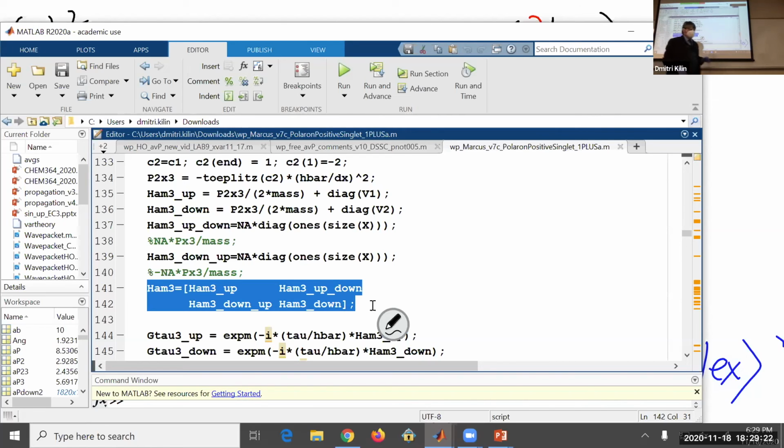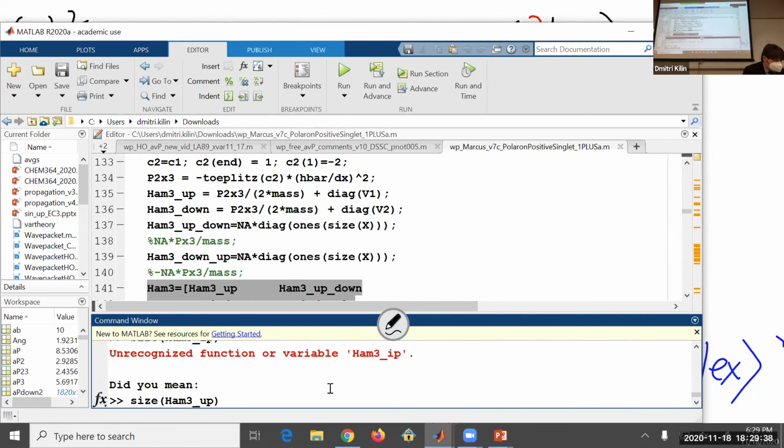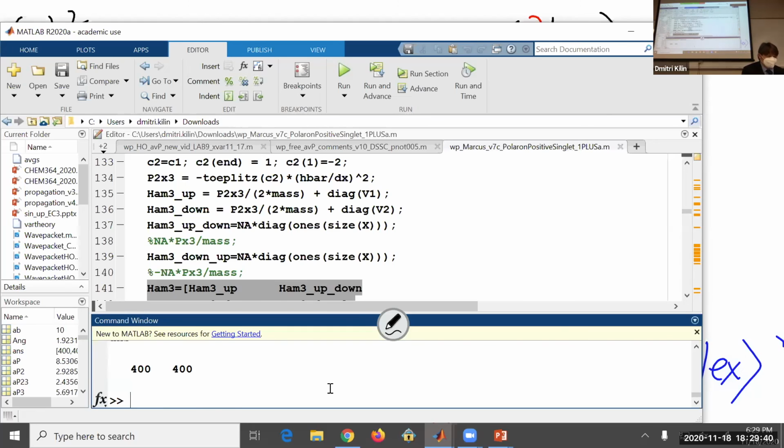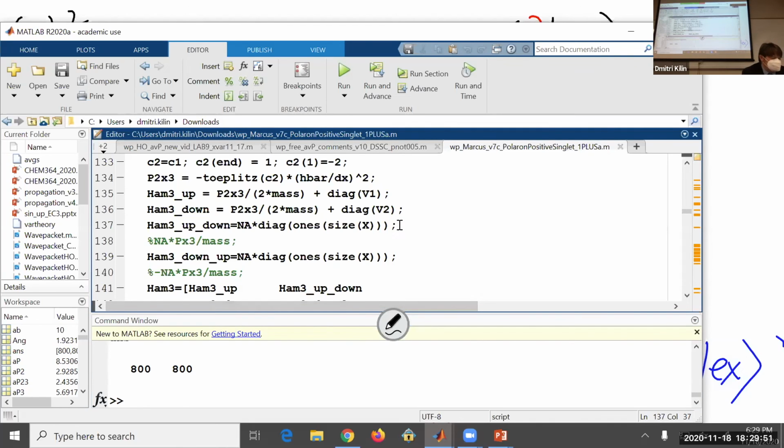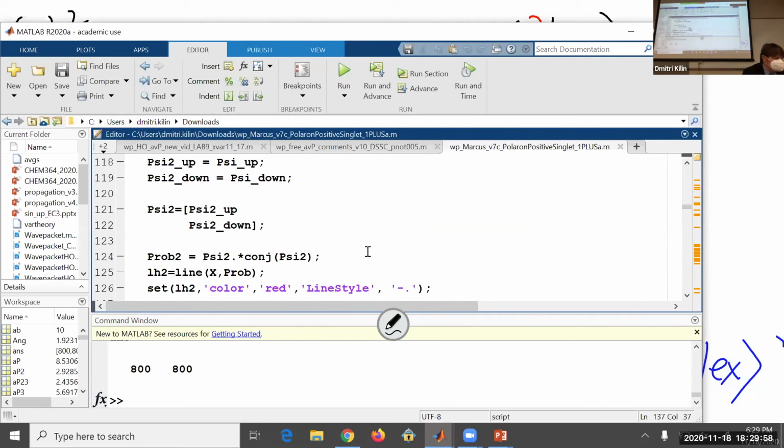And if I type in the command line size and 3, it tells 400 by 500. And if I do size CHEM3, 800 by 800, so it's 4 times bigger. So we kind of give it. Now, what about the wave function? Same.